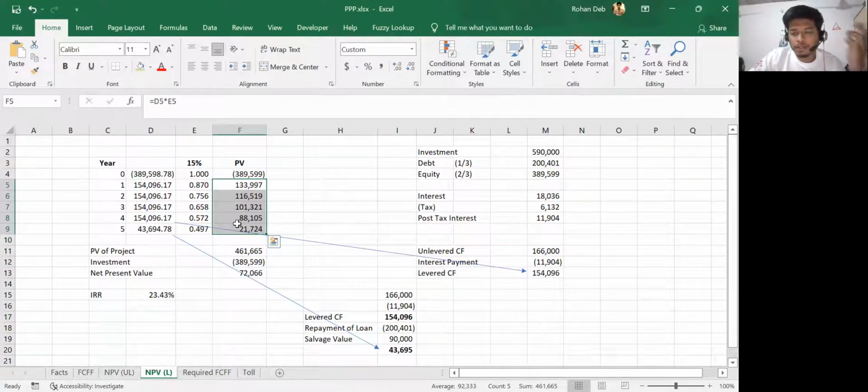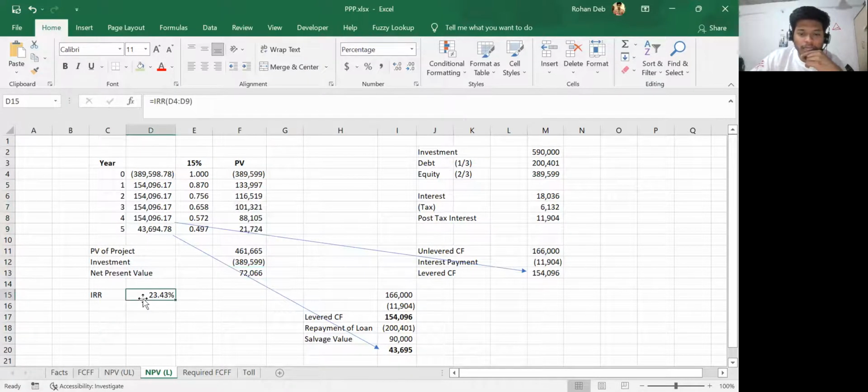Basically what I'm trying to find out is, if I took a debt, what return would my shareholders expect? So this is my present value of the cash flows, which comes to 4,61,665. I reduce the initial equity investment only, not the debt investment.